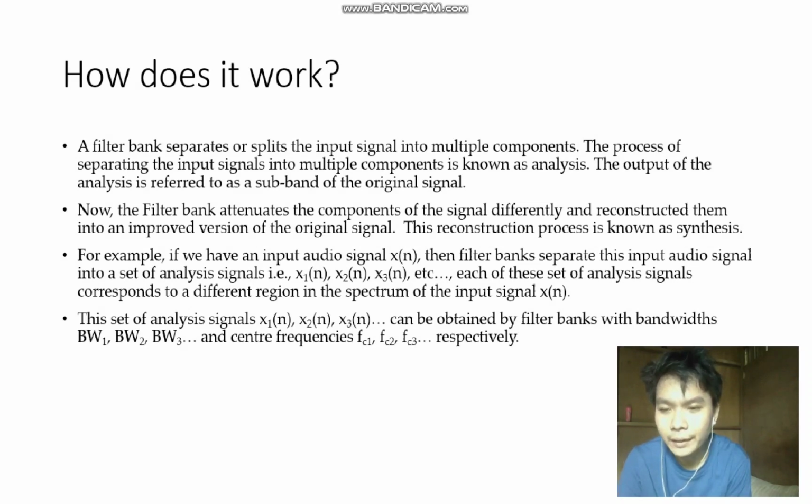These can be obtained by filter banks with bandwidths B1, B2, and B3, and center frequencies fc1, fc2, and fc3 respectively.